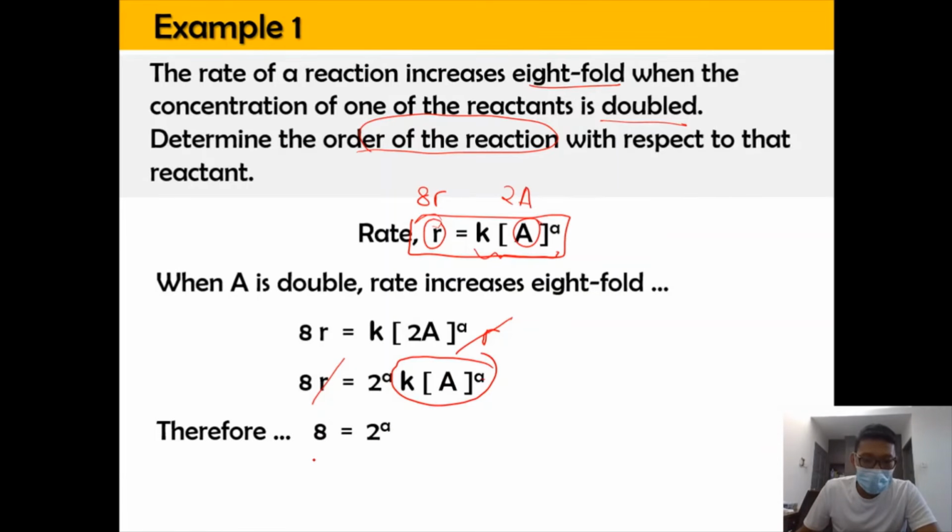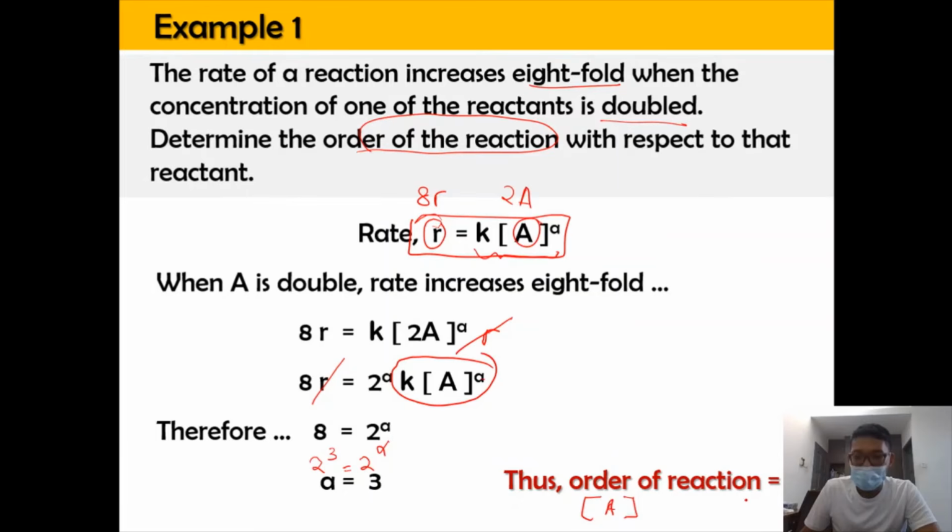And 8 is basically 2 cubed. And 2 to the alpha is still 2 to the alpha. And hence we can say that alpha is equal to 3. Thus, the order of the reaction with respect to the reactant A is equal to 3. And this is how we can find the order of the reaction by relating it to the concentration and also the rate of the reaction.